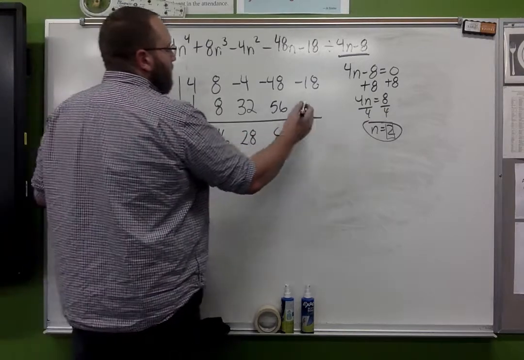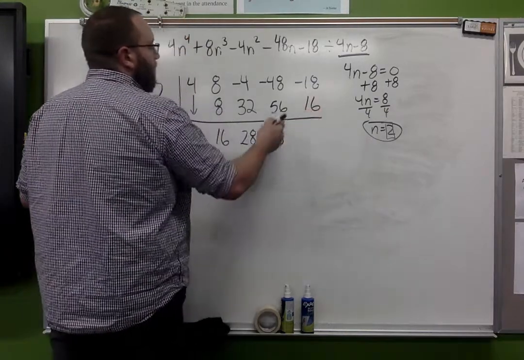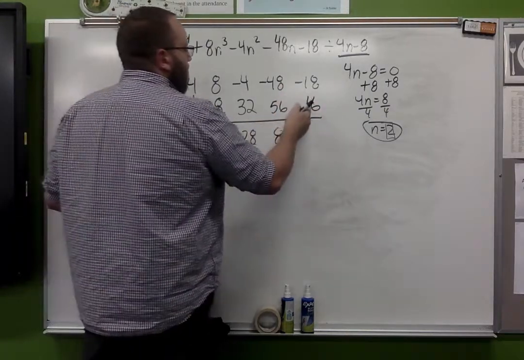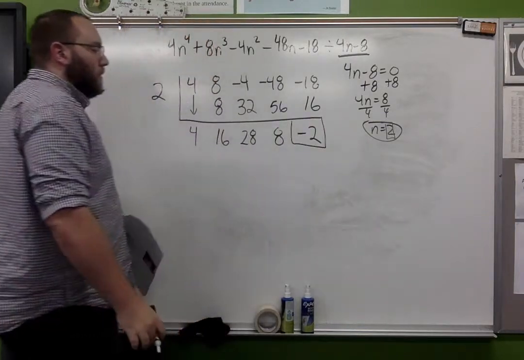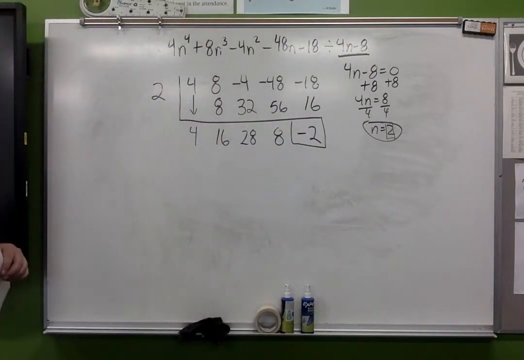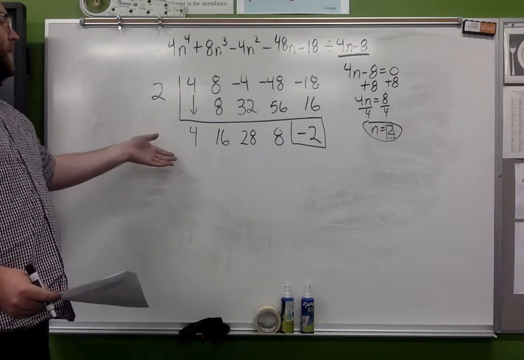Two times 8, 16, -18 plus 16, -2. That's our remainder.